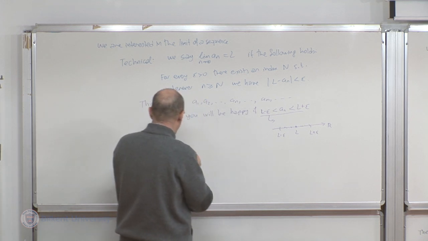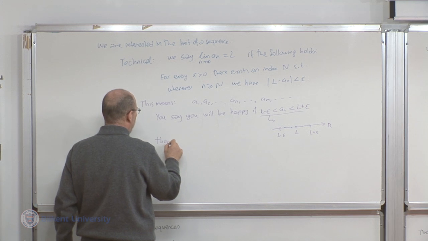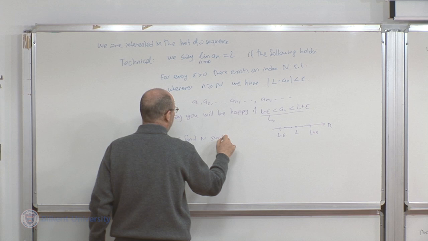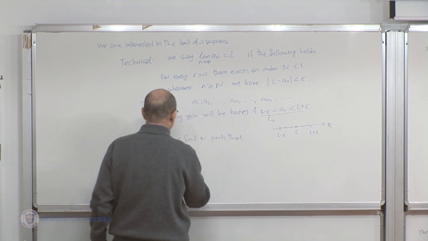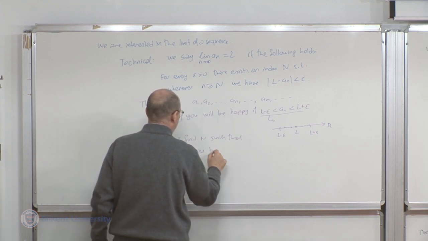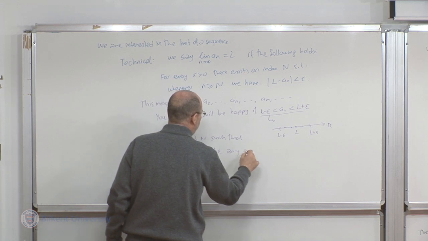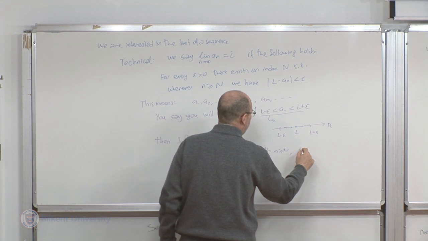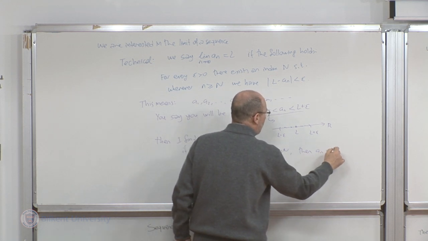Then I find N such that if you take any an with index larger than or equal to N, then an will make you happy.